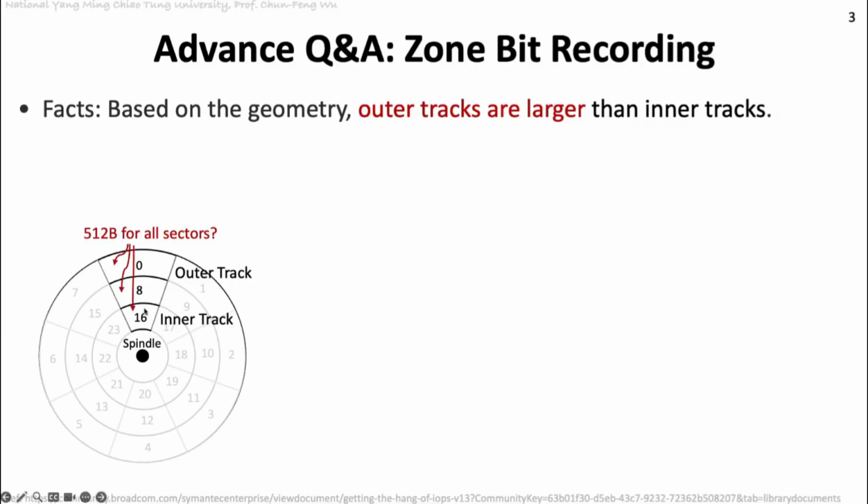But in general, if we don't use zoned bit recording, they are all 512 bytes. So for this sector, even though it has a larger area from the physical perspective, it can only store 512 bytes. So it wastes some of the physical capacity here.